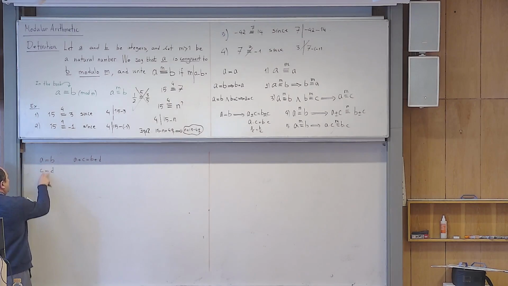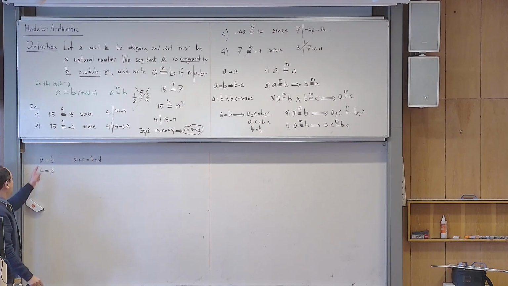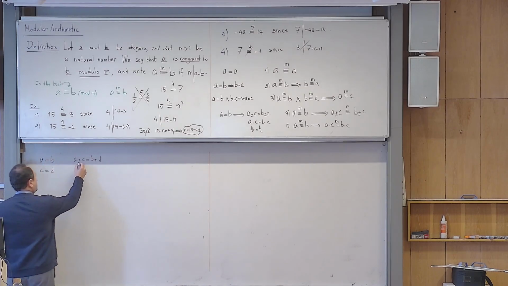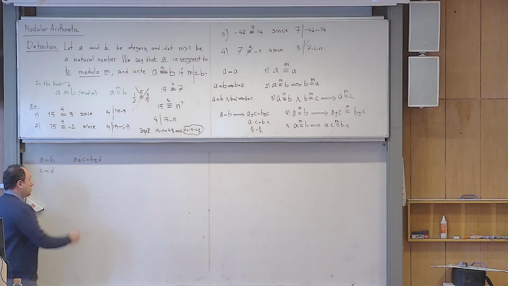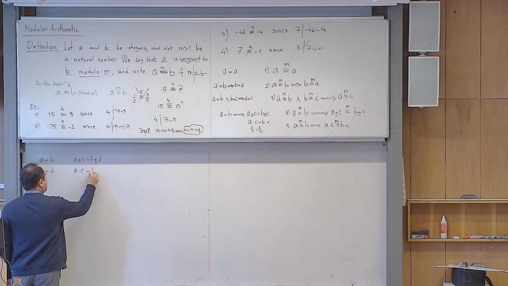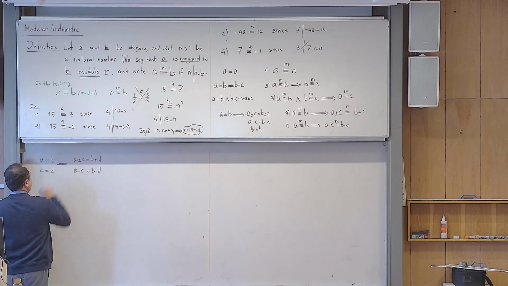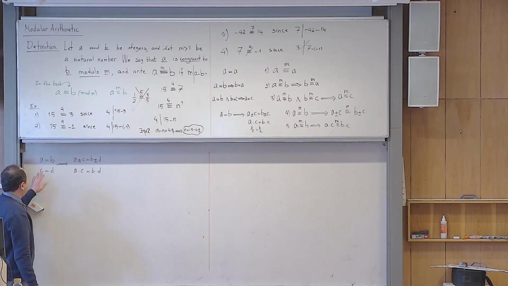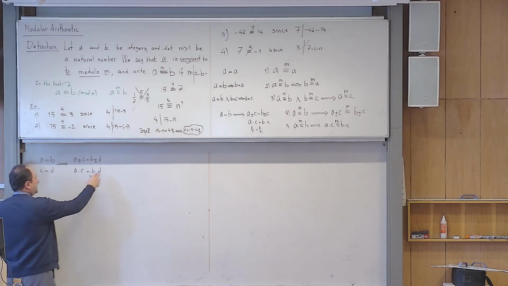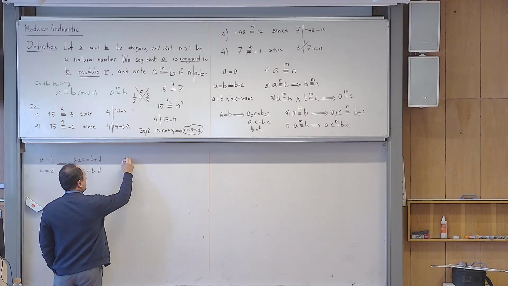If I grant these two, can you conclude this one? Yes, you can add them side by side. Subtraction is also valid. Multiplication is also valid. So if these are true, you can conclude both of them. In the case of congruency, we also have this, fortunately.